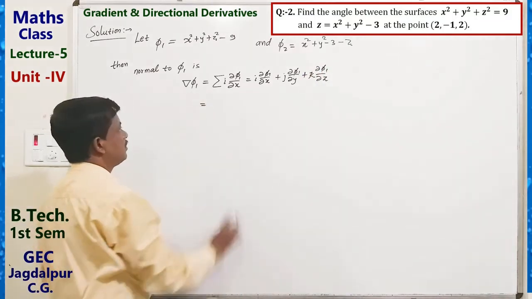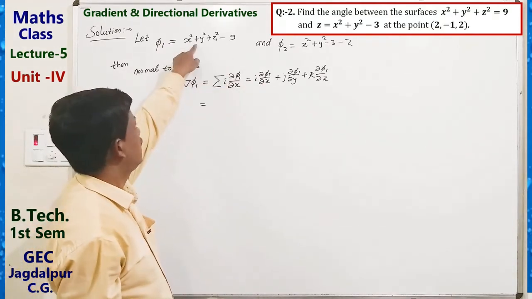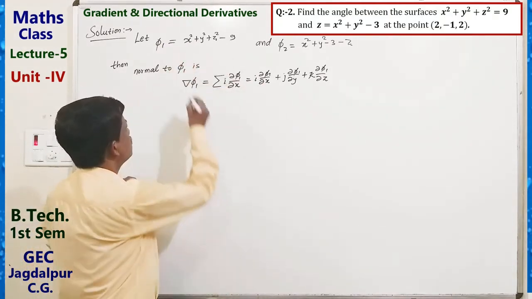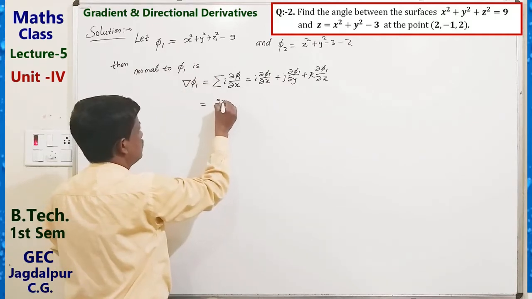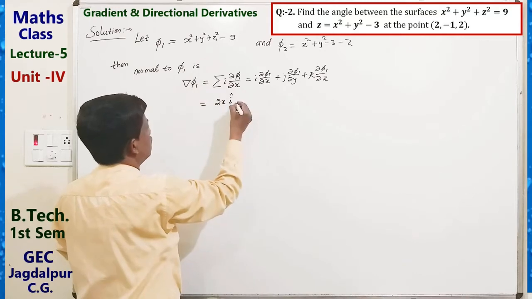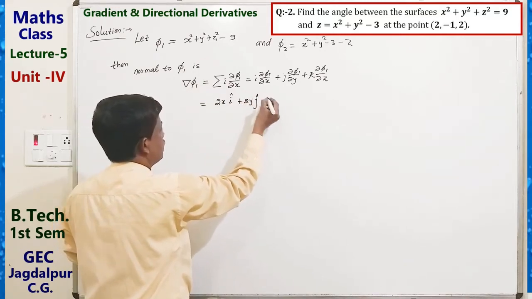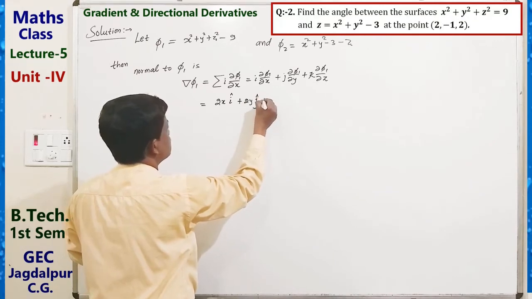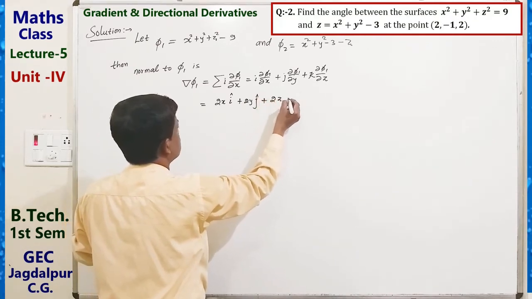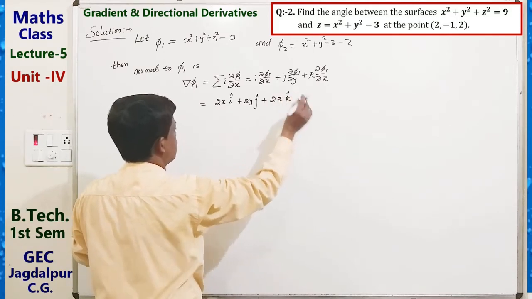So we can write i times derivative of φ1 with respect to x, so 2x i plus 2y j plus 2z k.